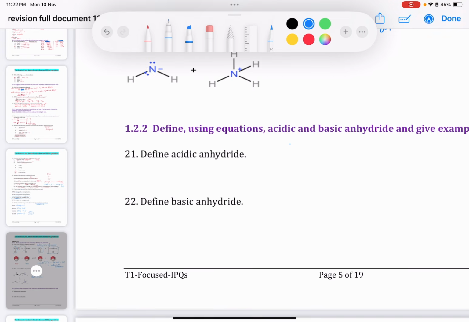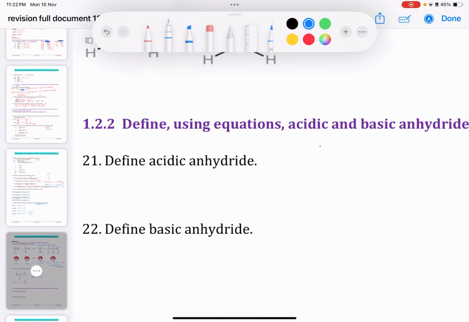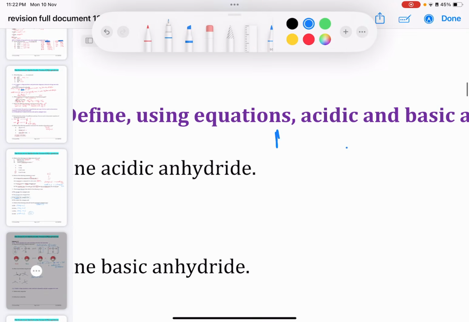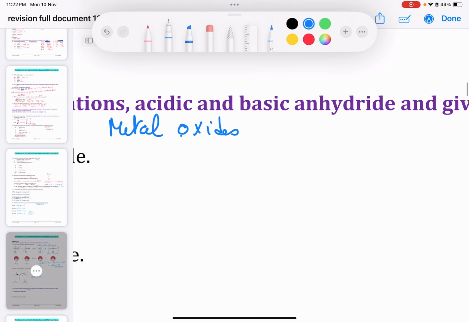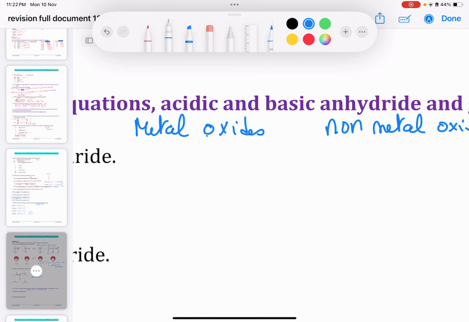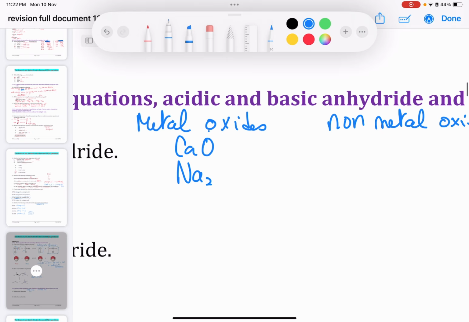Now, next, define acidic anhydride and basic anhydride. During this term, we studied metal oxides and non-metal oxides. And I'm going to give examples. Metal oxides like calcium oxide, sodium oxide, magnesium oxide.